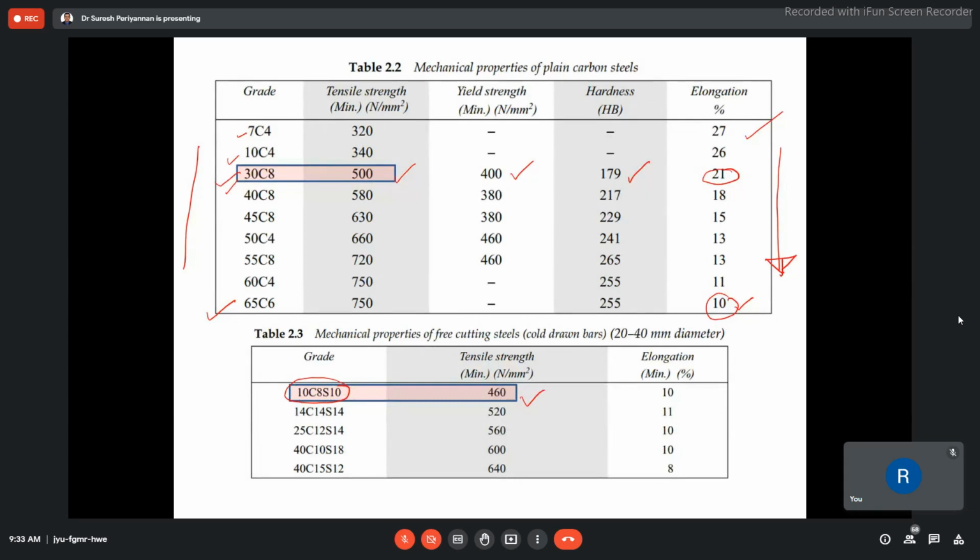Then which material will be suitable? I can go for this material, because the tensile strength, whatever our reference tensile strength is, is almost the same, 460, near to this material. But see the percentage of elongation, here 21%, here 10%. So based on our application and requirement, we have to choose the material composition.